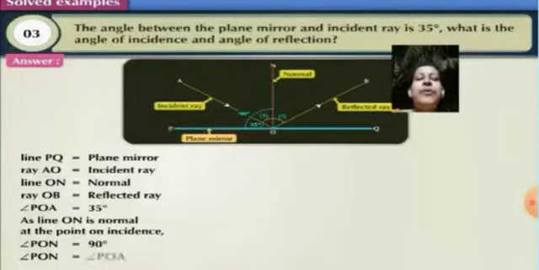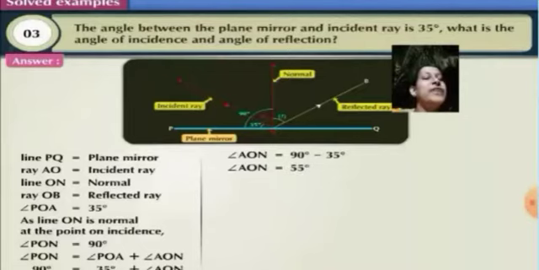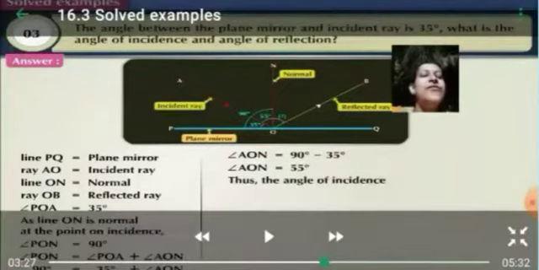Therefore, angle PON is also equal to angle POA plus angle AON. So we know that PON is 90 degree and POA is 35 degree plus angle AON. Therefore, angle AON is equal to 90 minus 35, which is equal to 55 degree.